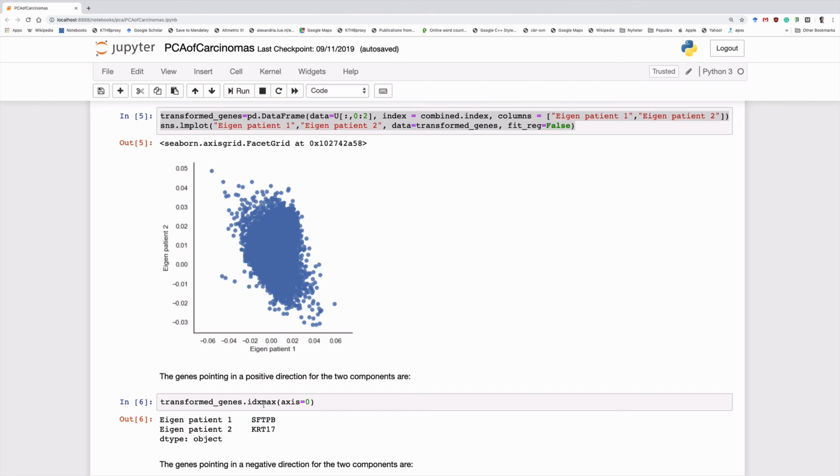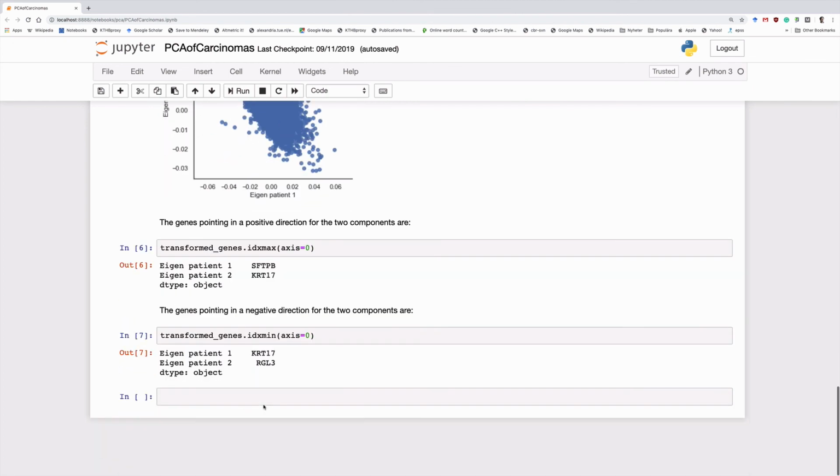If we first look at the maximal genes, for the direction of eigenpatient number 1 we see one gene, SFTPB, and according to the other component, we see KRT17 on top. That's a keratin. The same keratin also comes up as the most extreme when we look at the minimal according to eigenpatient number 1.